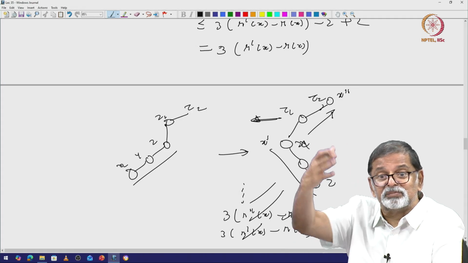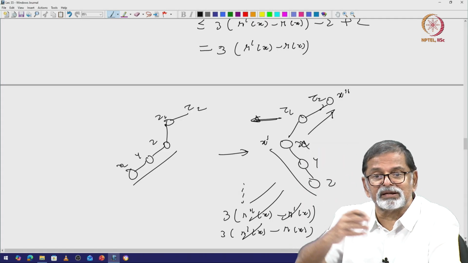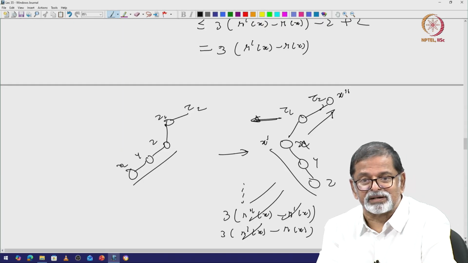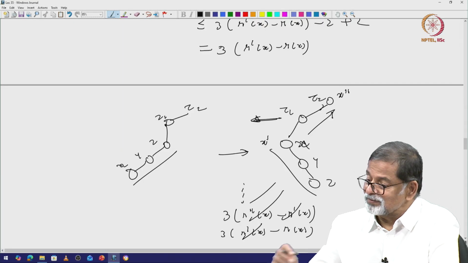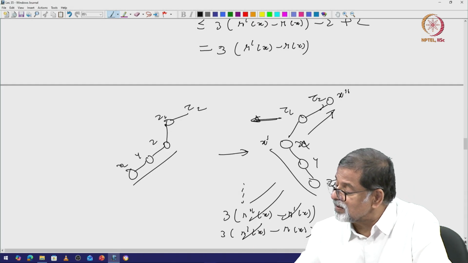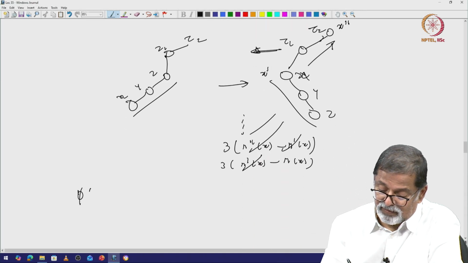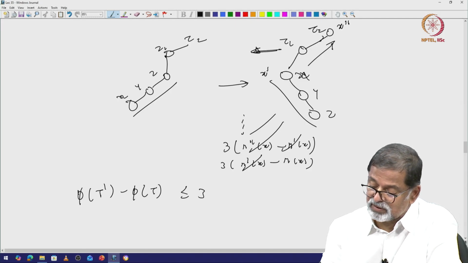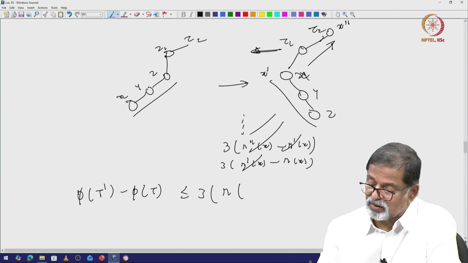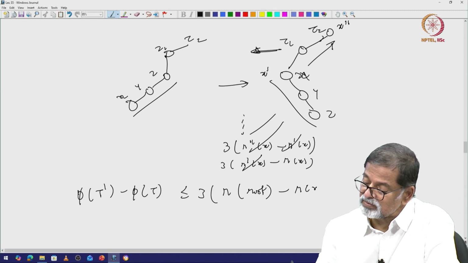When you add all of them, you get a telescoping sum which will cancel out all the intermediate ones. Then we will have the final phi of t dash minus phi of t is less than or equal to 3 times rank of root minus rank of x.